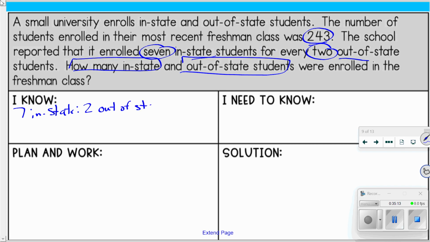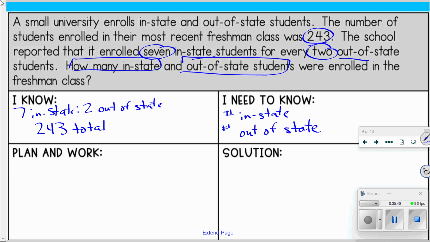What else do you know? 243 total. Okay? So what do you need to know? Number in state and number out of state. So given that, how could I work it?